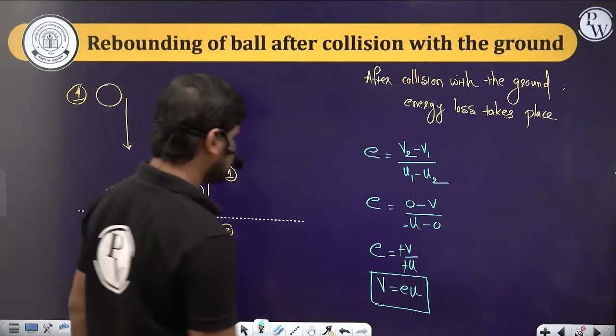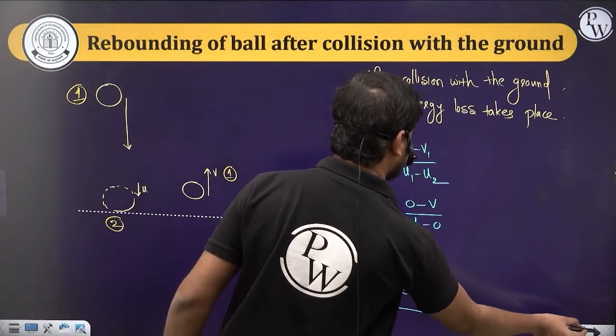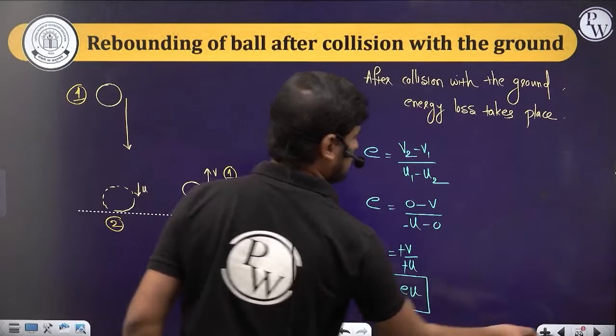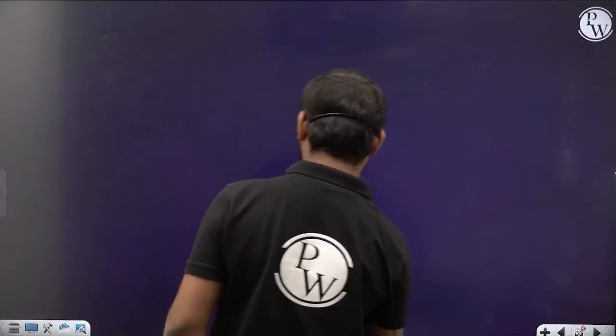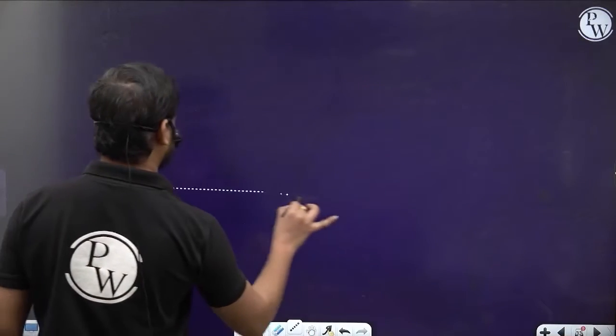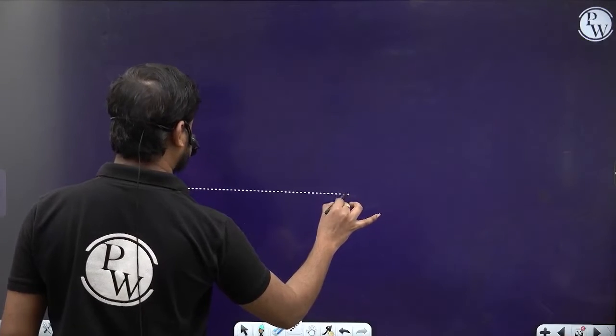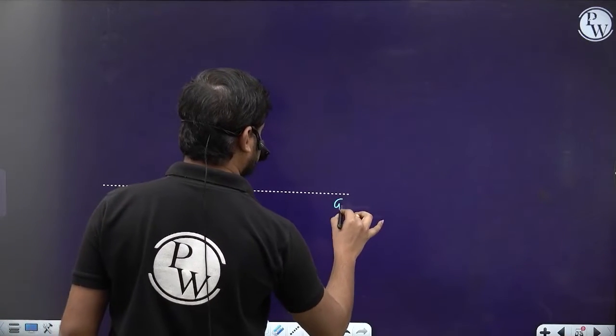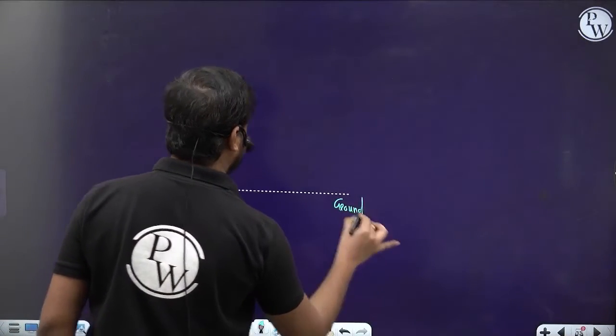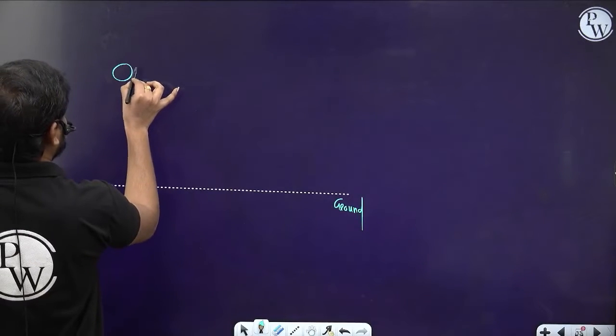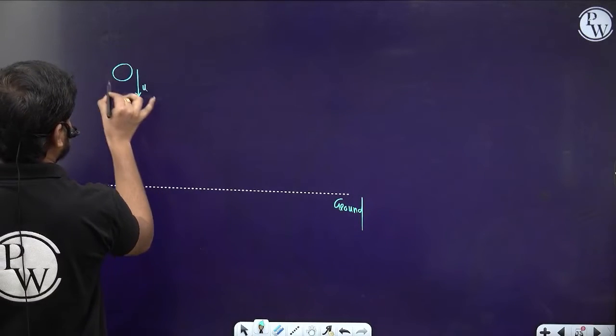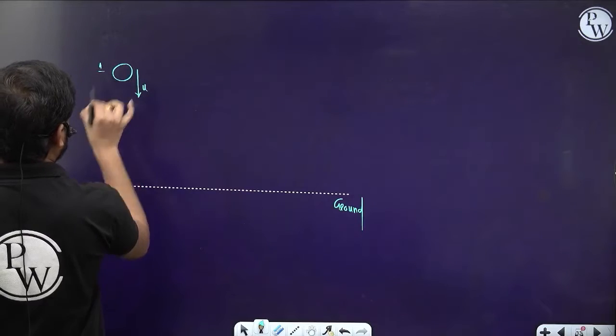Understood? Chalo. Next, let me write the next part. This is the ground. Again, I am explaining the same concept. First, the ball is dropped from here. The ball is the first body, and the ground is the second one.